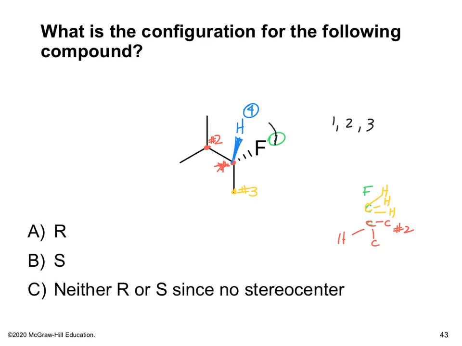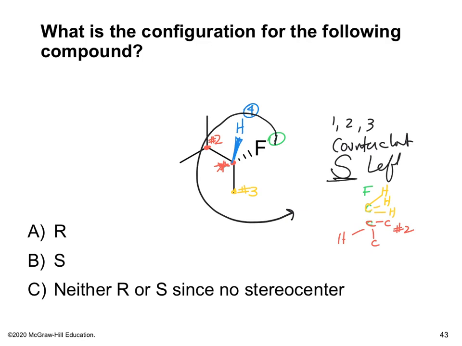So to go from 1 to 2, I've got to go this way. I'm turning the steering wheel counterclockwise. That is S. I'm turning it to the left, counterclockwise.